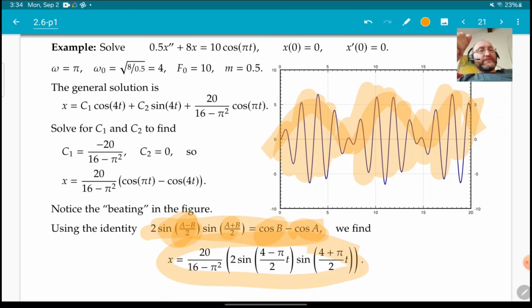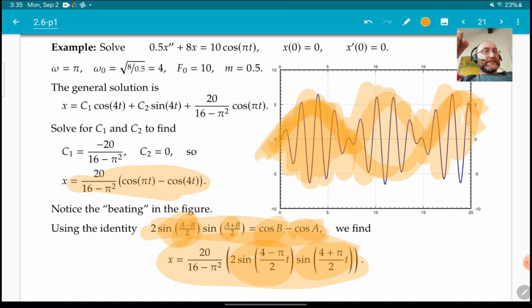And so that's what's going on here. This can actually be written like this. So the slow thing, the thing that's out here, that's this guy over here, and the fast guy, the high frequency guy, that's this guy. So that's the guy that wants to move like this, but it's modulated by this guy.